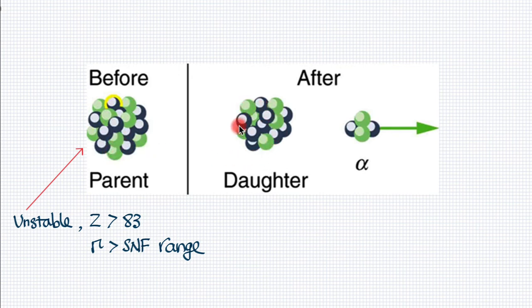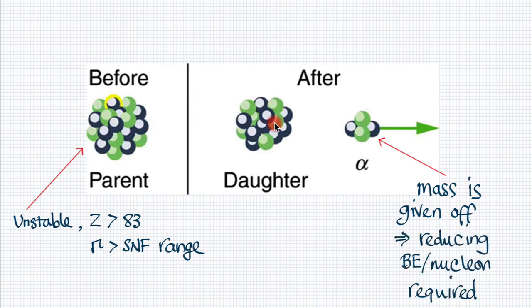If we get the release of a daughter that has a smaller nucleon number and the release of an alpha particle, in this particular case our helium nucleus, what we have is essentially mass being given off. If mass is given off, the radius decreases and the stability increases.